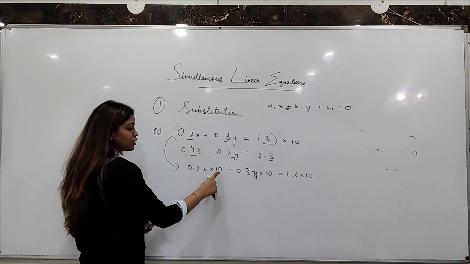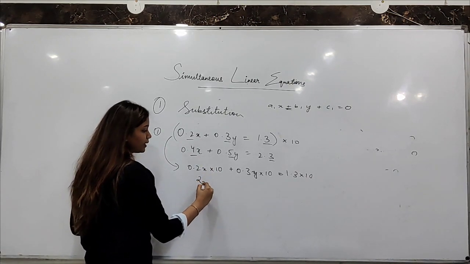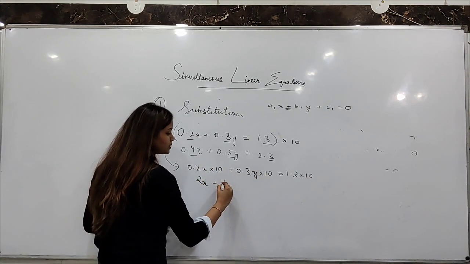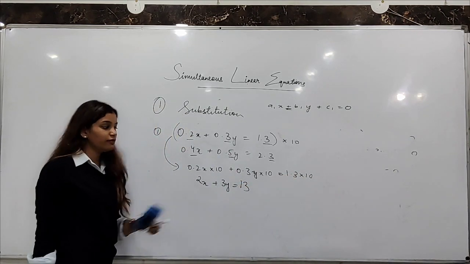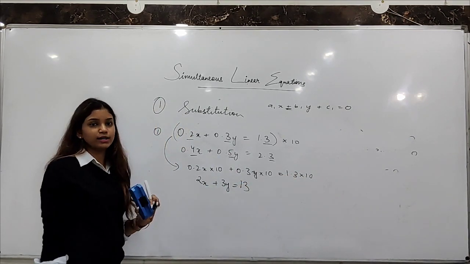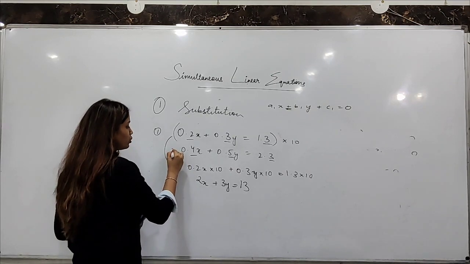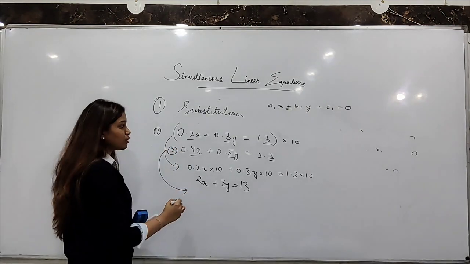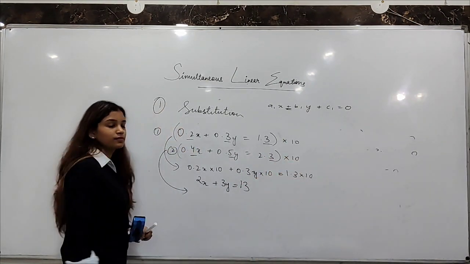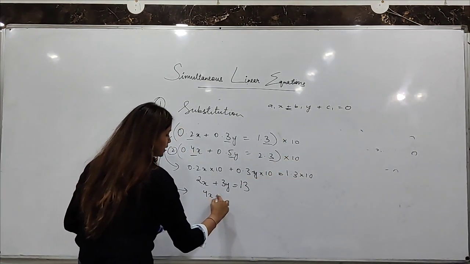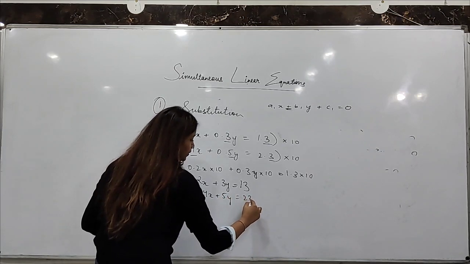Correct? 0.2 into 10 is 2 and x, 0.3 into 10 is 3 and y, 1.3 into 10 is 13. We have got a new equation without any decimals. Similarly, you can do the same thing with the second equation. Multiply this entirely with 10 and you will get 4x plus 5y is equal to 23.